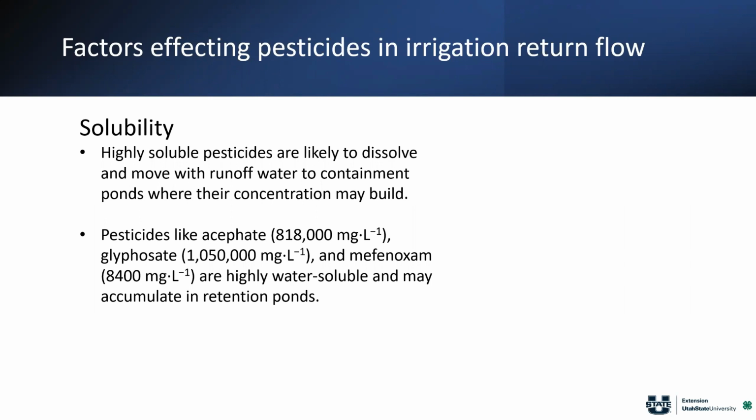Pesticides like acephate, glyphosate, and mefenoxam are highly water soluble. If you are using those on the plants and collecting the runoff water, better check for those pesticides in the retention pond. Now, some pesticides might have very low solubility.